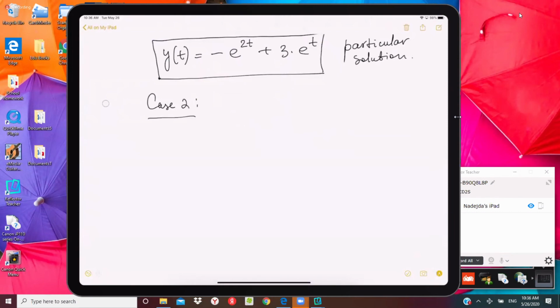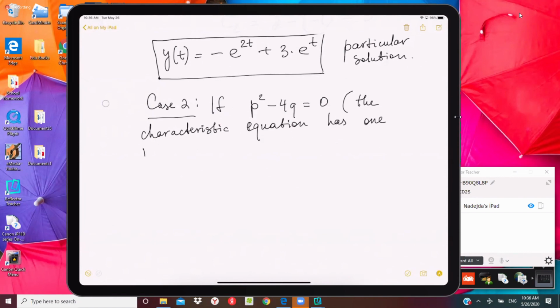Okay, so let me continue with case number 2. This is the case when p squared minus 4q is exactly equal to 0. In other words, we're getting a repeated root. So the characteristic equation has one repeated real root lambda.